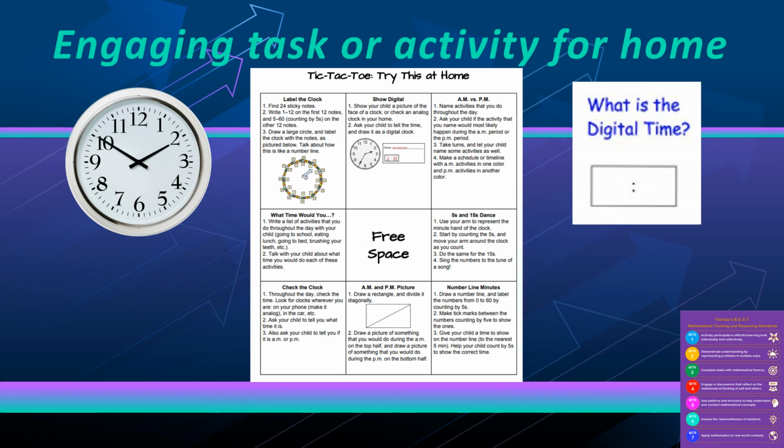As we encourage continued learning and practice at home, the STEMscopes parent letter has a tic-tac-toe board with tasks to do at home. One example is, periodically show your child a picture of the face of an analog clock. Ask your child to tell the time and write it on a digital clock. Another example is one that will help students make the connection between number lines and timelines.